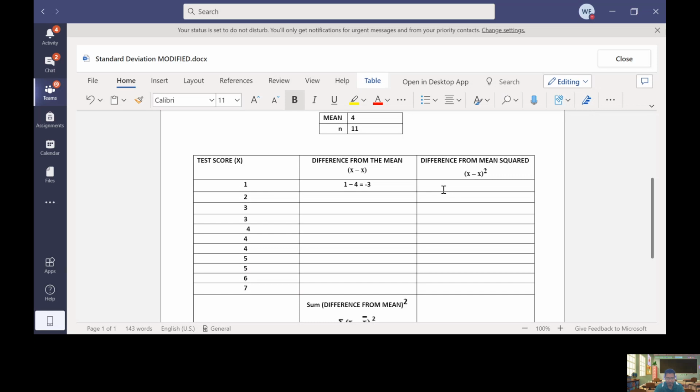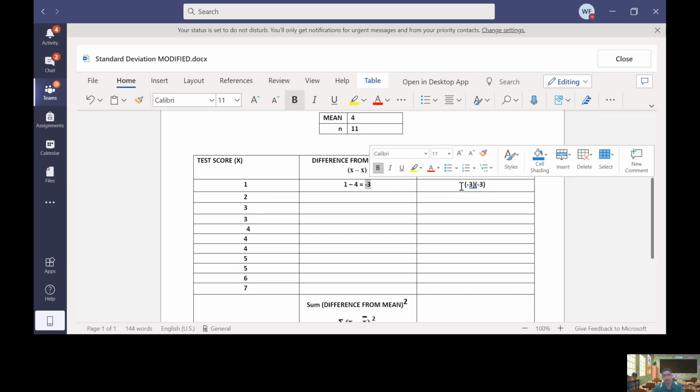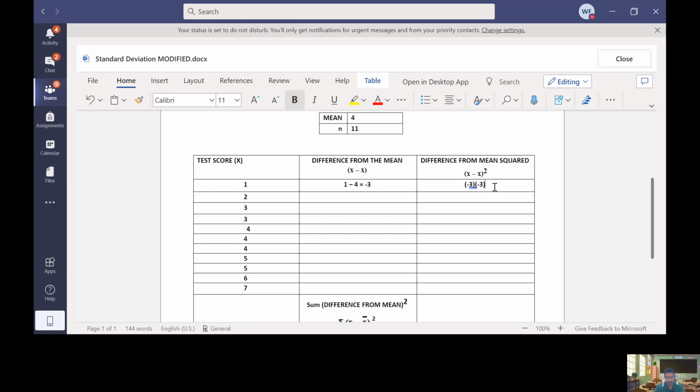I can't do squaring on here, so I'll take -3 and multiply it times -3 again. I'm taking this number right here and squaring it. So it's -3 times -3, which is equal to 9. That's basically what you do. Okay, let's do it again for the next row. Once again, we do the same thing.